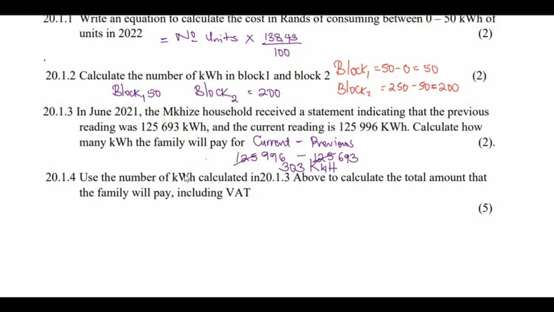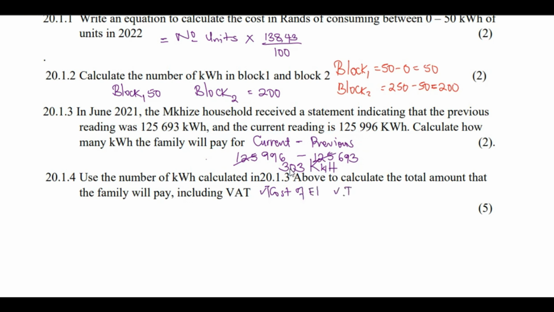Someone might say units. Use the number of kilowatts calculated in 20.1.3 above to calculate the total amount the family will pay, including VAT. This is interesting. One, we are calculating the total cost of electricity.